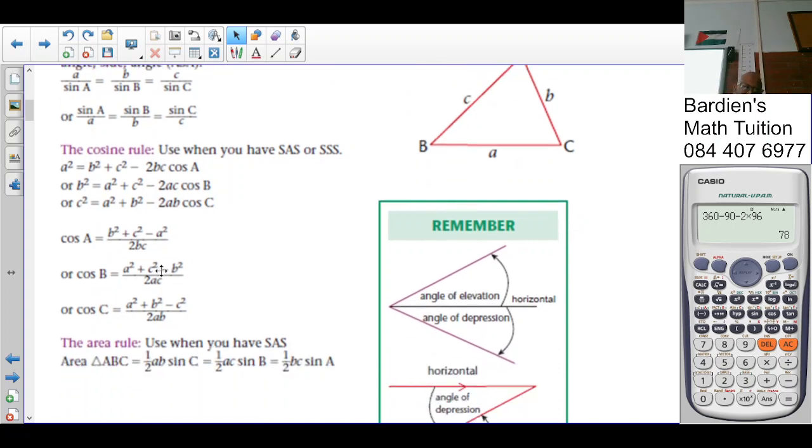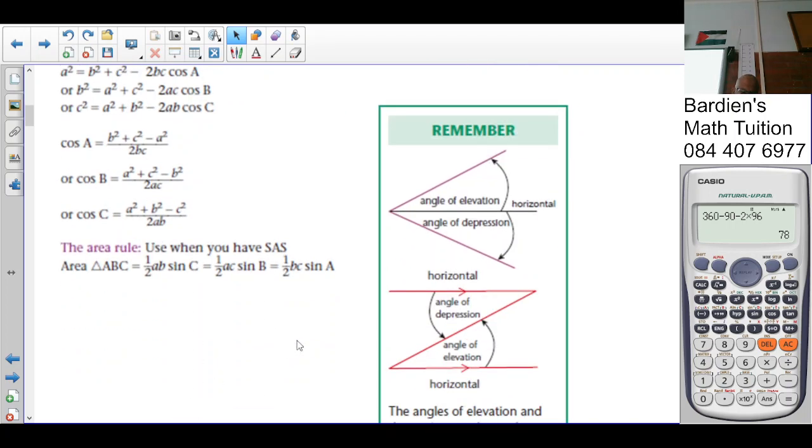The derivation can be taken from the textbook if you want to memorize it, but I'm sure at this point you can manipulate the formula and make whatever you want the subject of the formula. Then a refresher is given with regards to the angle of elevation and the angle of depression.